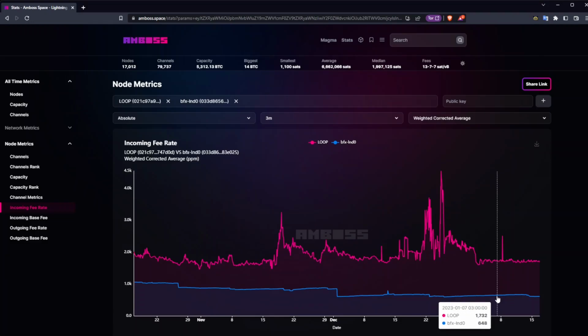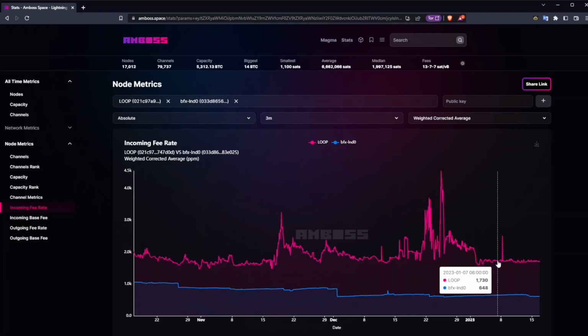And when you withdraw on-chain, that means you're going to keep that inbound liquidity that you earned from depositing to Bitfinex. And then next, with that withdrawn on-chain Bitcoin, you can open a new channel to Loop and basically charge double for that same liquidity.